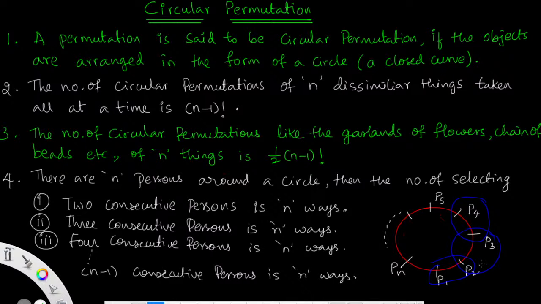Take 3 persons: we get 3 ways for consecutive persons. For 4 persons, there are 4 ways. Similarly, selecting consecutive persons gives n ways. So that is the formula.